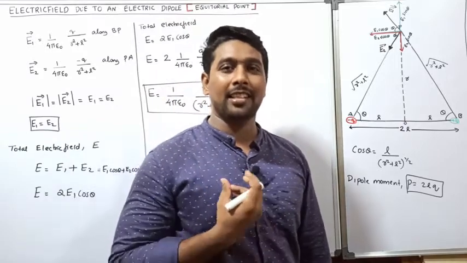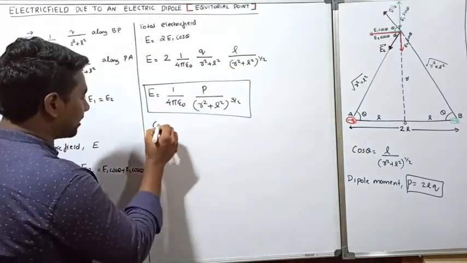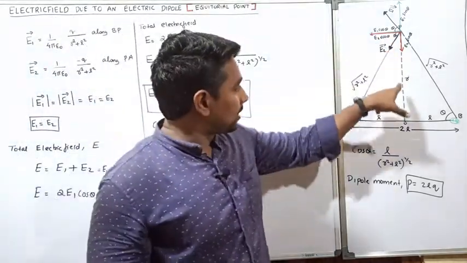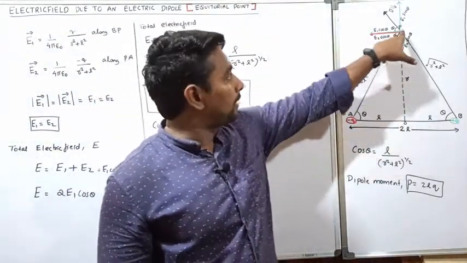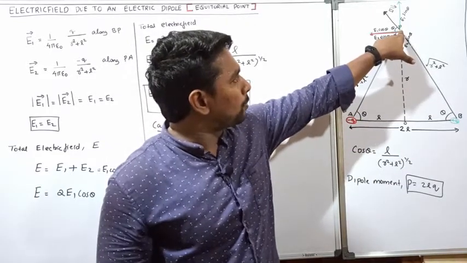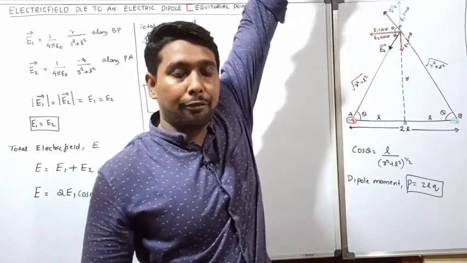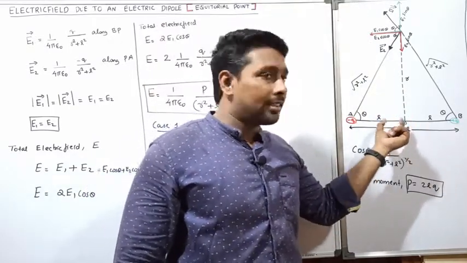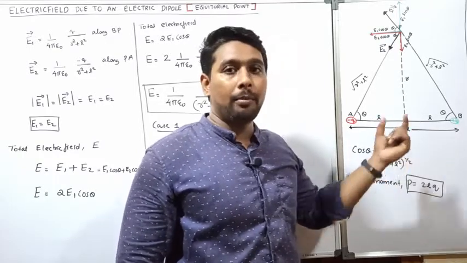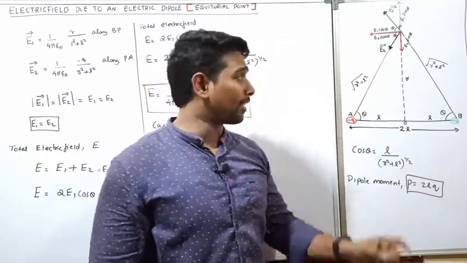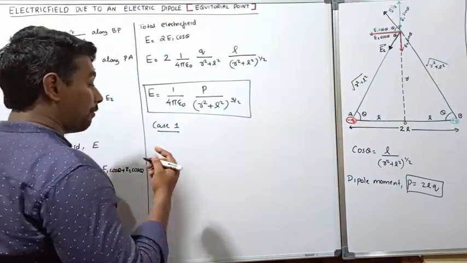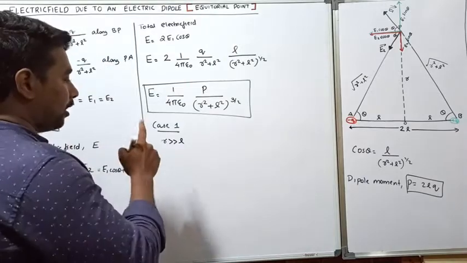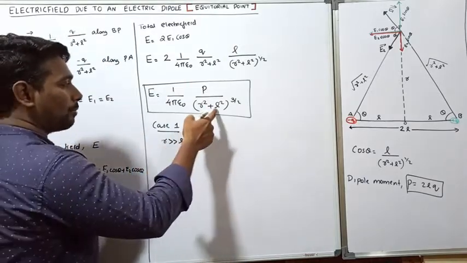Here also we can consider so many cases. Let's consider case 1. This R is the distance of the point where we are finding the field. If we consider this point to be very far, then the distance between the charges of the dipole can be neglected. That means we are considering r very much greater than L. If r is very much greater than L, this will be cancelled out.